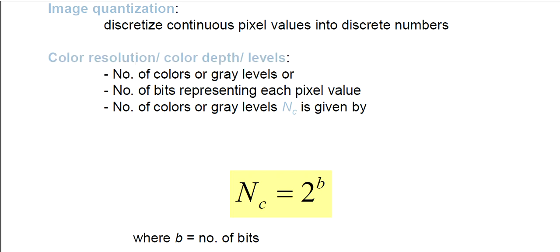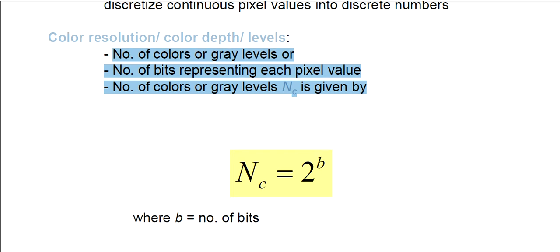It is defined as the number of colors or gray levels, or the number of bits representing each pixel value. The number of gray levels NC is given by NC equals 2 to the power b, where b is the number of bits. So it is totally dependent on the number of bits used to represent it.